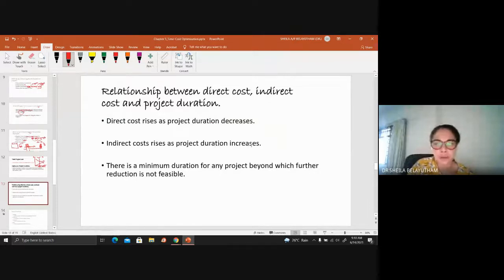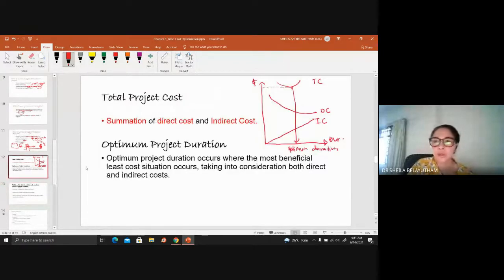Okay, and there is a minimum duration for any project where further reduction is not feasible. So you will have one point where your cost will be lowest, and other than that, you would increase. Whether you reduce the duration or whether you increase the duration, you will increase the cost. But there will be one point where it is most feasible for you to get the cheapest cost. Okay, so that will be your optimum duration.